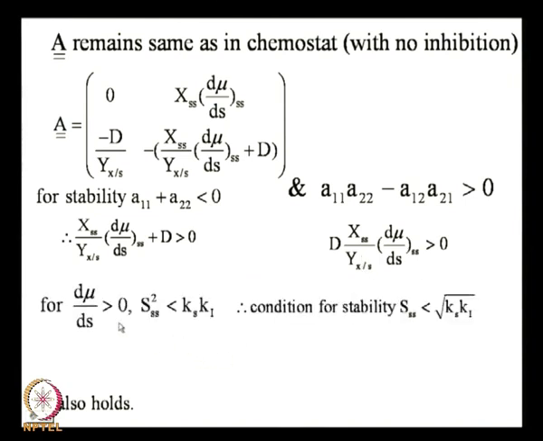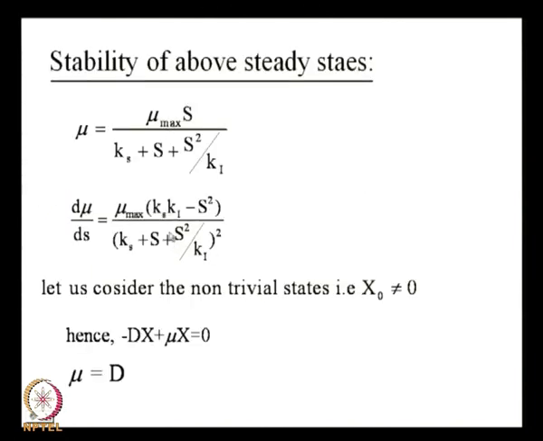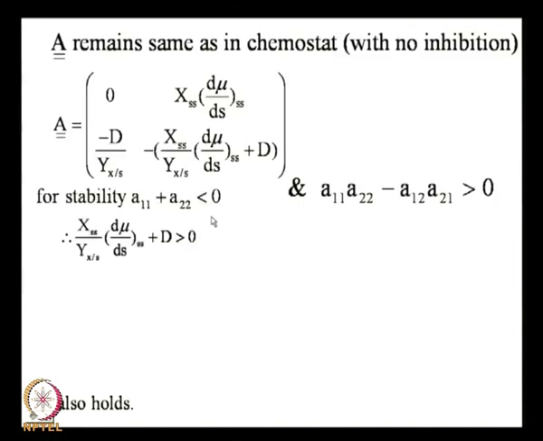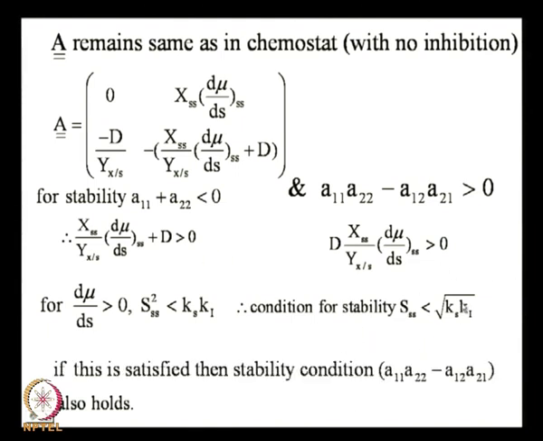Now, for del mu del s to be greater than 0, as I just showed, s square has to be less than k I k s. Okay. So, that is my stability criteria essentially, that S has to be less than this, and this is what we had intuited just by looking at the equation itself.